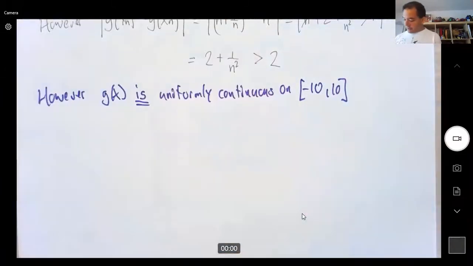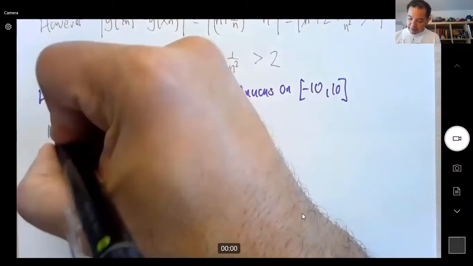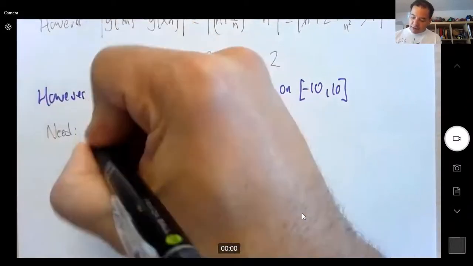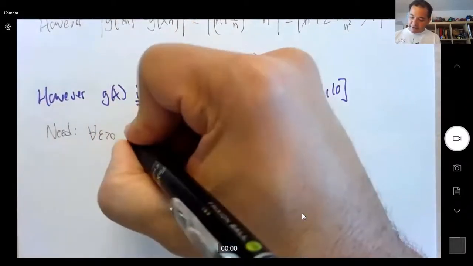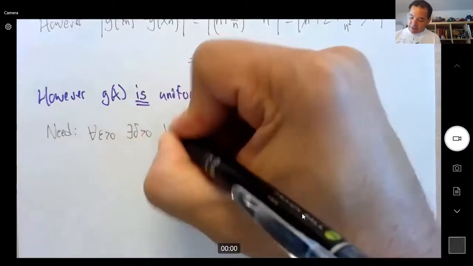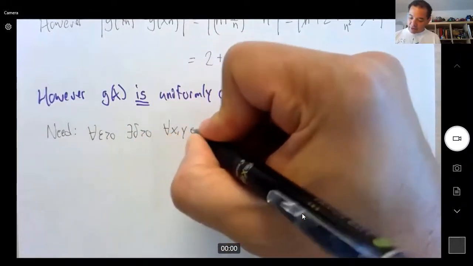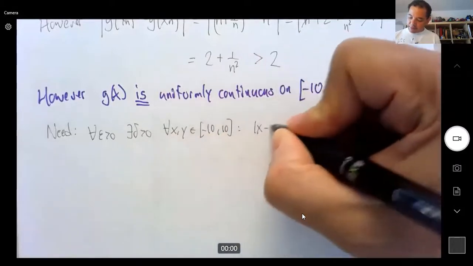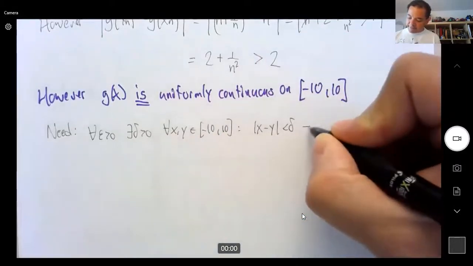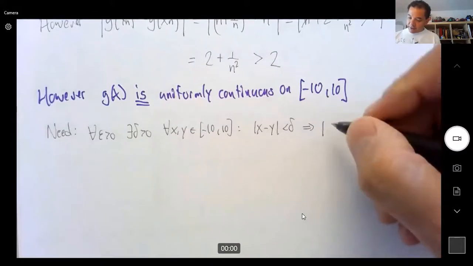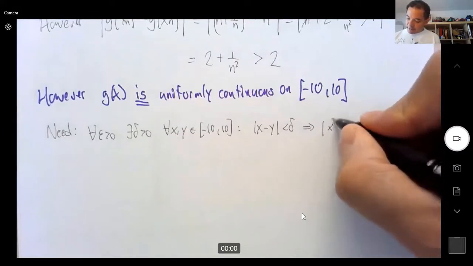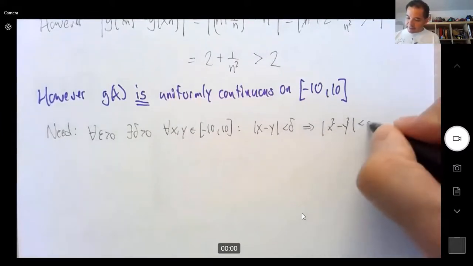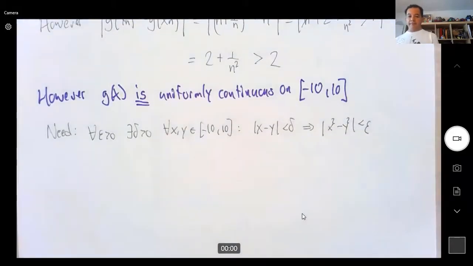So what do we need? Let's write it here. For every epsilon, there is a delta such that for every x and y that belong to the interval negative 10 to 10, if absolute value of x minus y is less than delta, then absolute value of x squared minus y squared is less than epsilon. That's what I need, right?